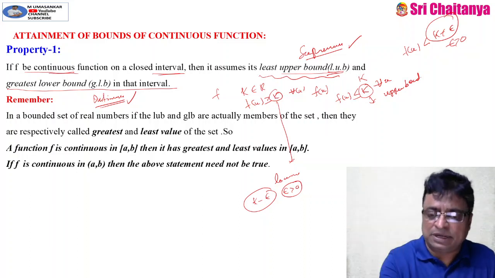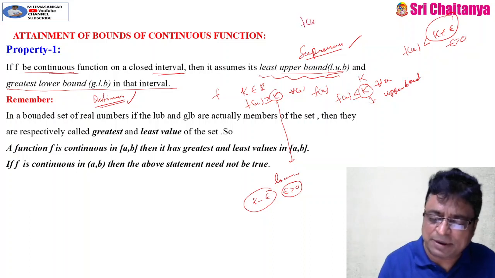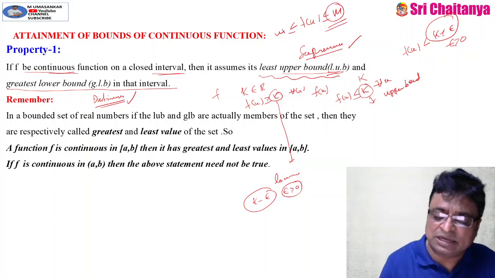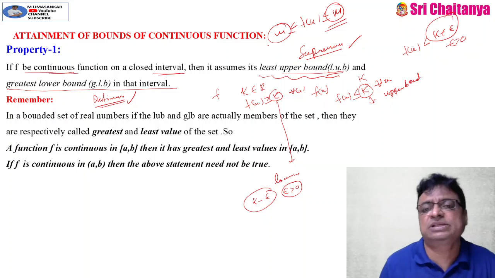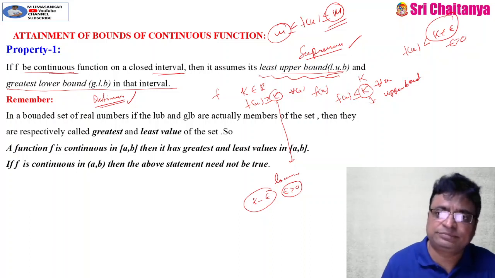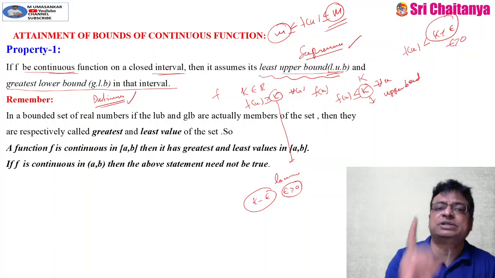That is, f of x is greater than or equal to small m and f of x is less than or equal to capital M; then capital M is called the LUB and small m is called the GLB. This is what the property tells us, provided the function is continuous in a closed interval.